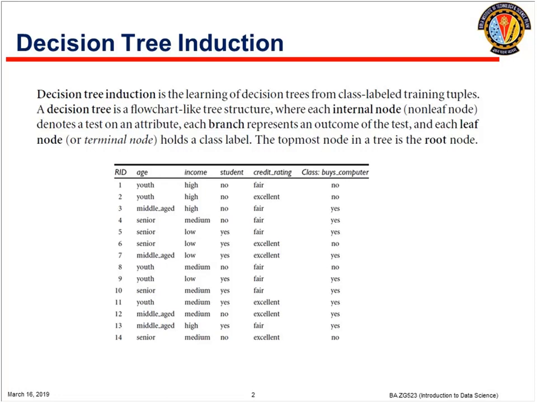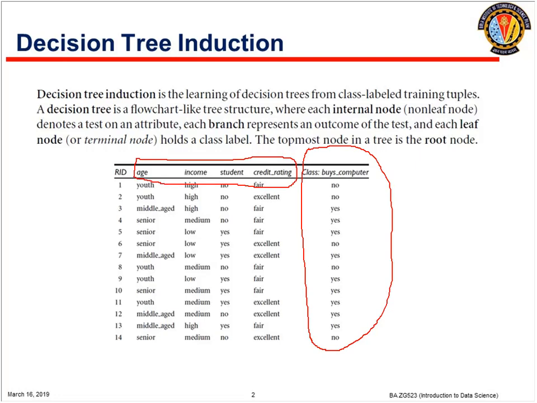Here the class is whether a person will buy a computer or not. You want to create a decision tree that can be used to find out whether a person will buy a computer or not. Age, income, student, and credit rating are the 4 attributes that you have at your disposal.